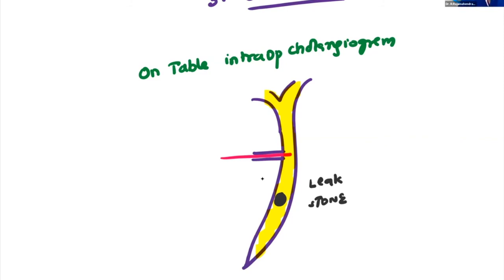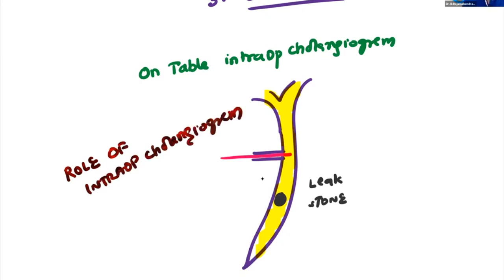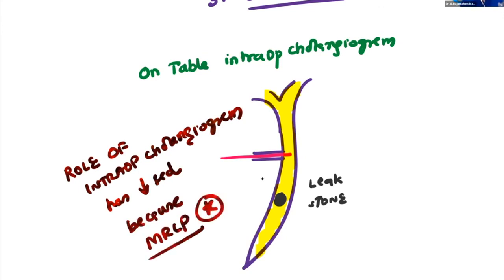But the point is, there is a straightforward line in Bloomgart: the role of intra-op cholangiogram has come down nowadays because of MRCP being in hand before surgery. MRCP is a non-invasive and simple investigation unless the patient has claustrophobia or MRI contraindications.